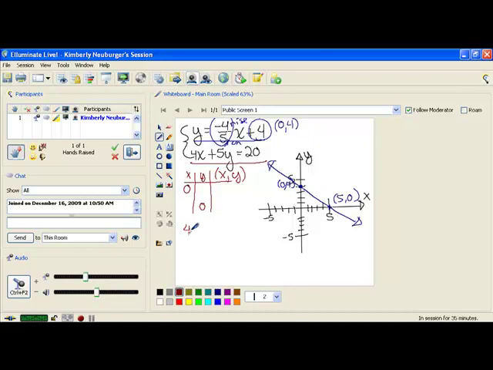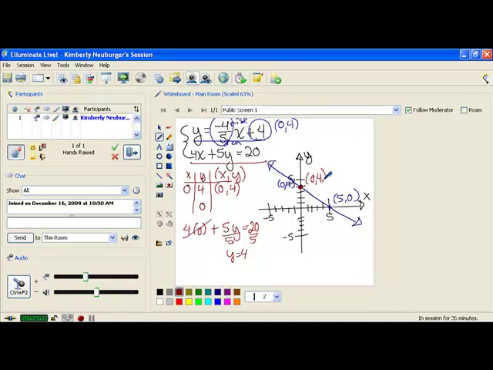So first, plugging in 0 for x, notice that the x term disappears, and I have 5y equals 20. So I'm going to go ahead and divide both sides by 5, and y is 4. So now I have the point 0, 4. So I'm going to locate that up here and label it.